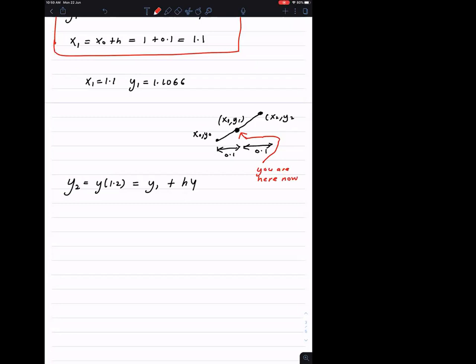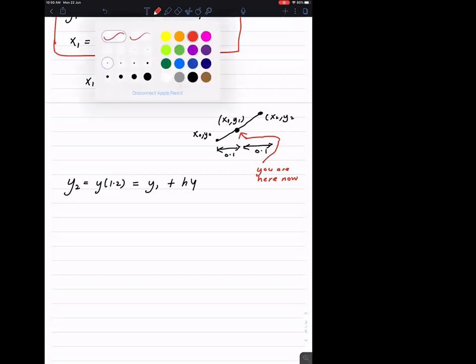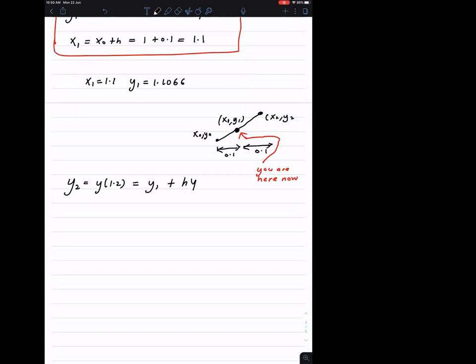So you start from x1, y1. This derivative has been done for you earlier on. You can simply use them. We already have this formula from the last time, the same formula, but the subscript now is y1, not y naught. What y1 is, actually, is y at x1.